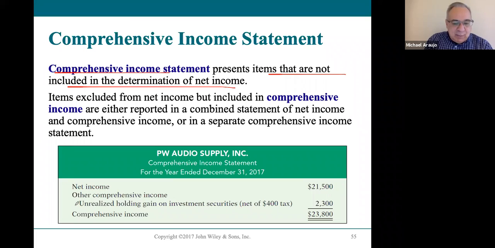For example, here, PW Audio has an unrealized gain on their investments. That technically represents something more comprehensive than our income statement would normally show, and so it's reflected on a comprehensive income statement. It wouldn't be reflected on the multi-step or single-step income statement. Okay, a little less important than the one we just went over, but this book explains it.